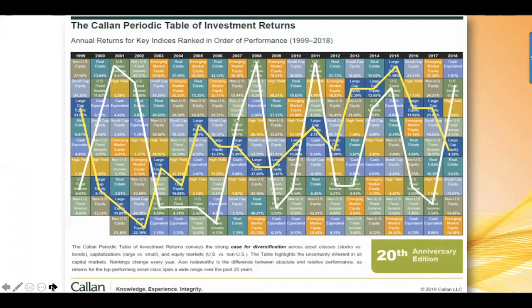What the squiggles basically represent is the yellow line is the S&P 500, right? The most prominent benchmark that I think most clients follow in the media on how equities perform. And the white is U.S. fixed income. I think when a lot of investors think about investing, it's like you have stocks in the S&P 500, you have bonds, fixed income.